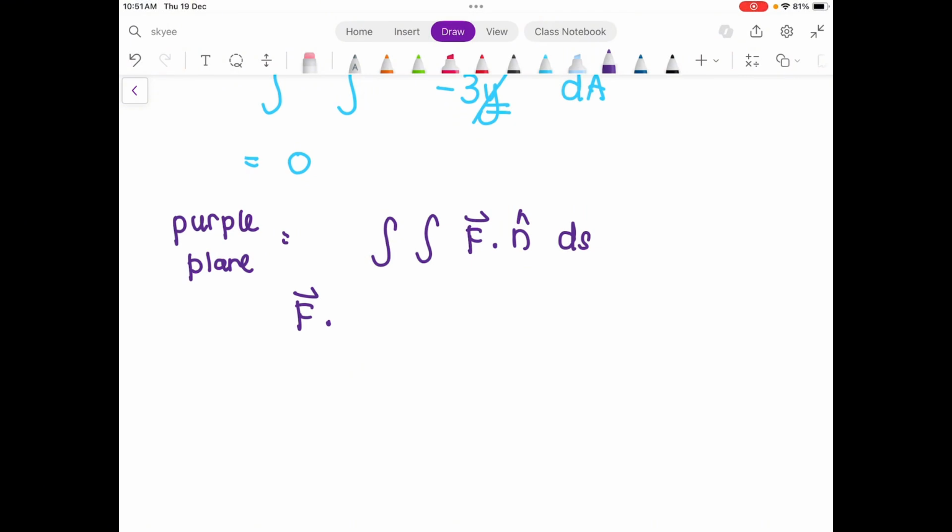So the F dot N will be equal to, because it's just the i part, negative 2x after you perform the dot product.